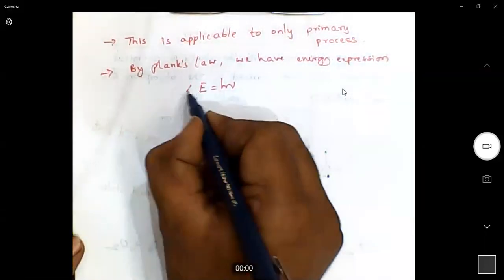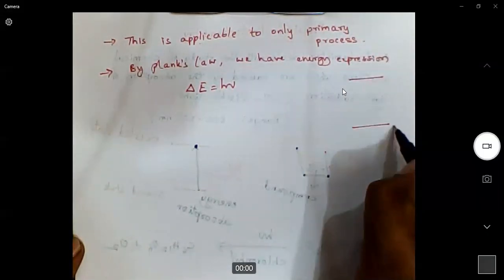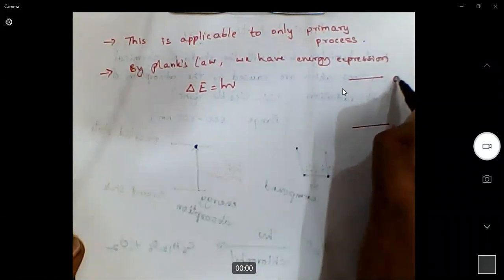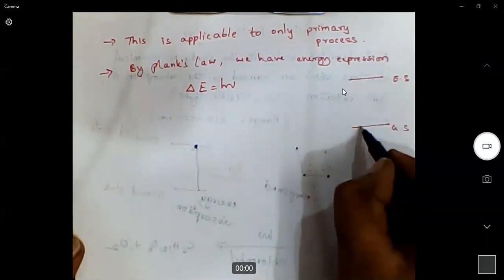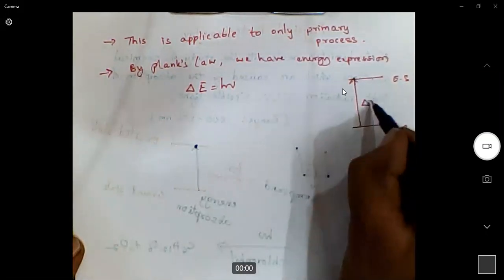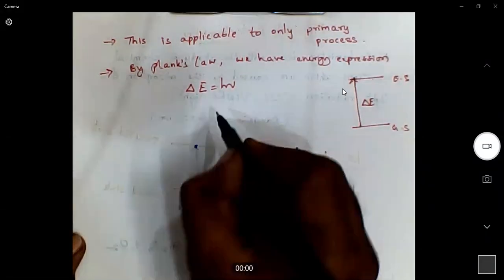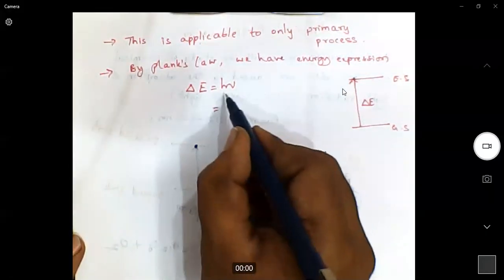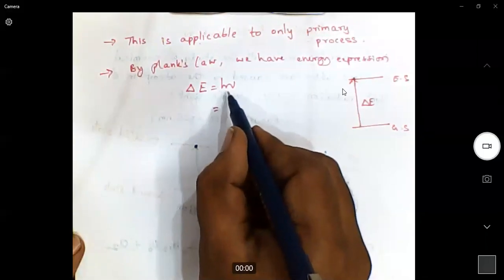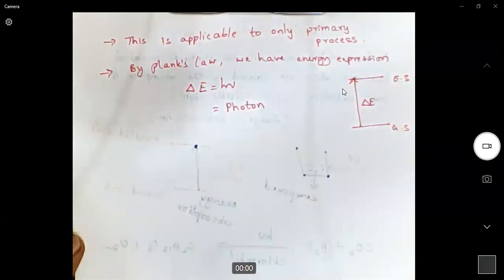So change in energy, say for example, this is the ground state and this is the excited state. Then the energy difference between these two states is called delta E. Delta E is equal to h nu. The energy possessed by h nu is called one photon, right? One photon.